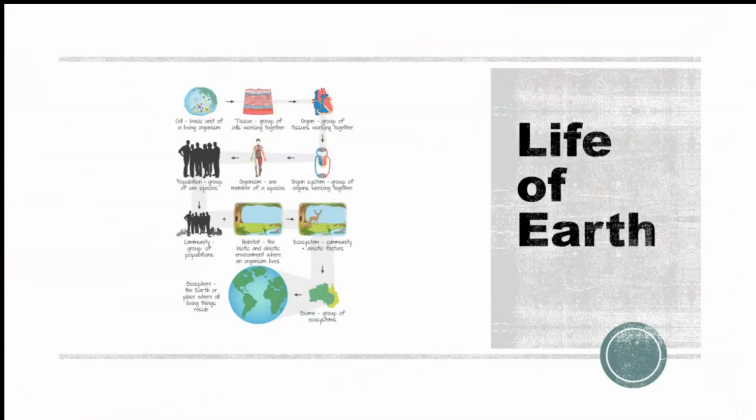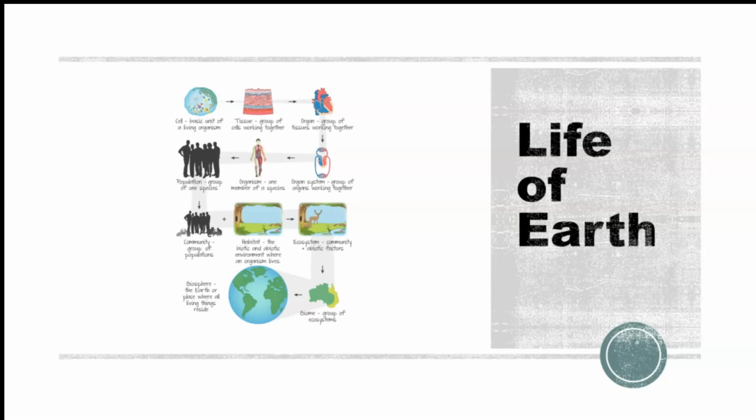Before we start looking at ecology, it's very important to understand that in living organisms on planet Earth, we have a hierarchy. We start off with the basic cell as the smallest unit of life, and that then moves through a hierarchy right up until our biomes, and then our biomes joining together to create our biosphere, all the places on Earth where there are living organisms.